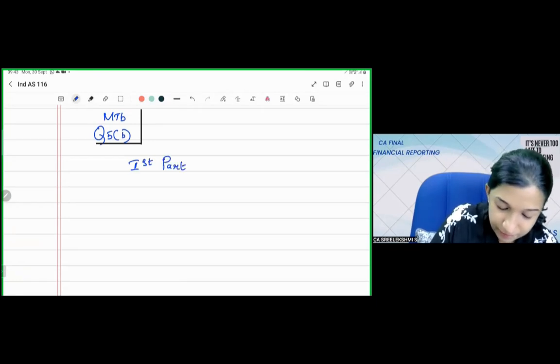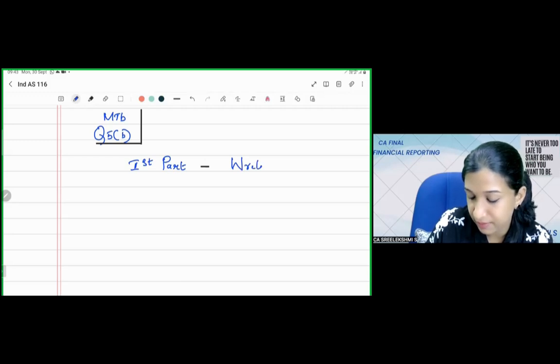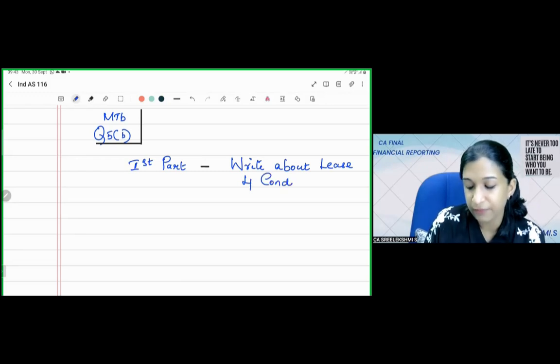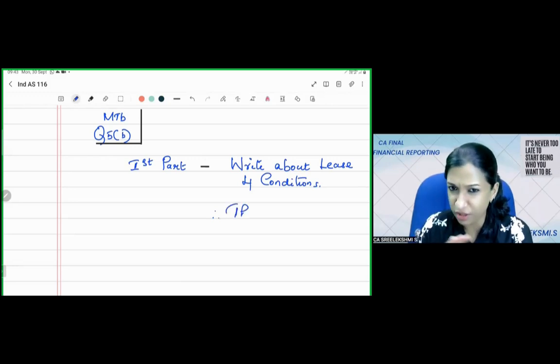answer should be to write about lease, the 4 conditions at the inception date. First you should write about lease and write all the 4 conditions.